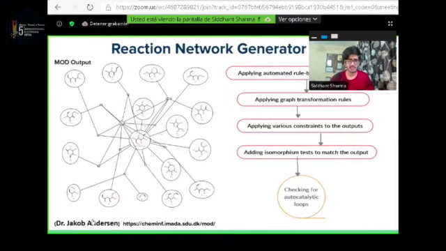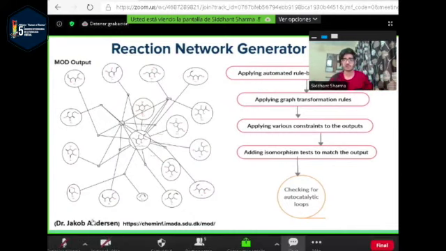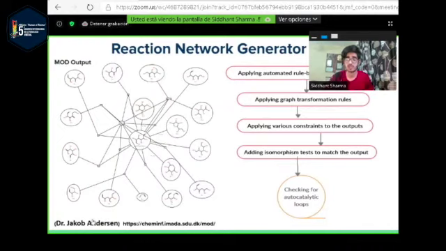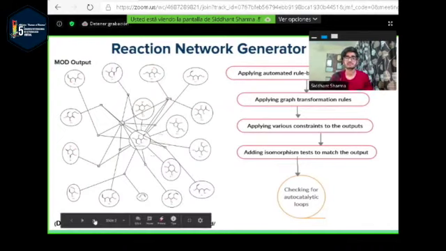And the question we had in mind: what if we had a software or workflow where we input a set of molecules and a set of reactions, it runs the reactions for us and generates a pretty graph, a workflow that enables us to find how the final molecule originated from the starting reactions.